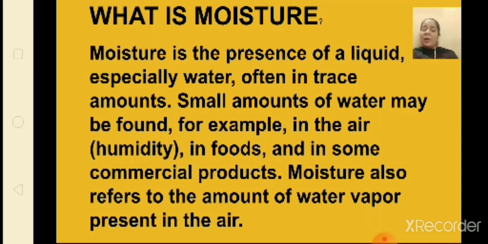So, moisture is the presence of liquid, especially water, often in trace or small amounts. Small amounts of water may be found, for example, in the air, that is humidity, in food and in other commercial products. So, moisture also refers to the amount of water vapor in the air.